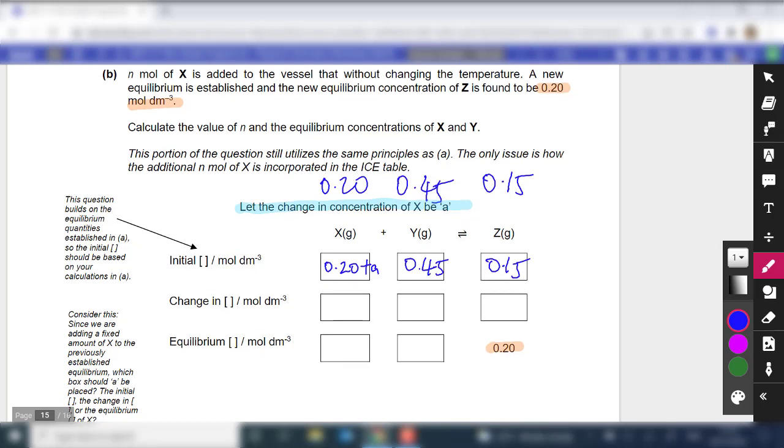Okay, so I hope this is clear. And then you notice that from 0.15, my final amount 0.20, right? So there must be an increase in 0.05 for Z. If there's an increase in 0.05 for Z and they are in a 1:1 ratio, this must be minus 0.05 and X must be minus 0.05. And then eventually over here we'll get 0.15 plus A, and then over here we get 0.40.